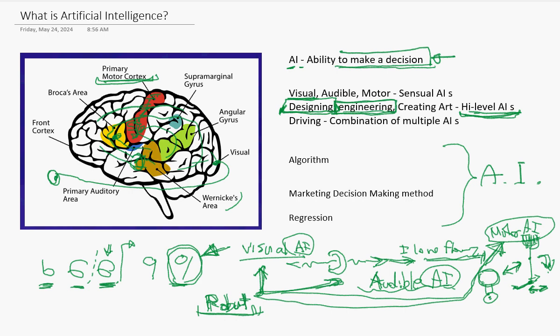The car, train, whatever, the robot cannot solve unless it has the engineering AI. Creating art. Can AI create art? Well, we know how to do it now, but this is a separate AI. It's not just visual and audible.